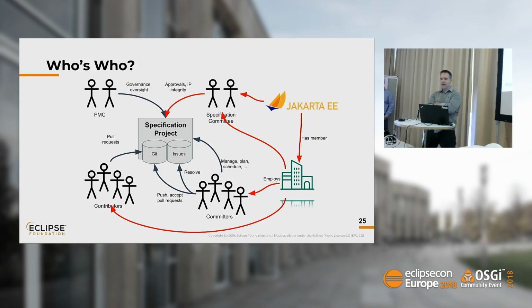The other thing, I actually just wanted to include how companies relate here. There's actually no direct relationship between an organization or company and a project at the Eclipse Foundation. I deal in projects and committers and contributors and PMCs and that sort of thing. And organizations exert influence into this process by employing a committer.